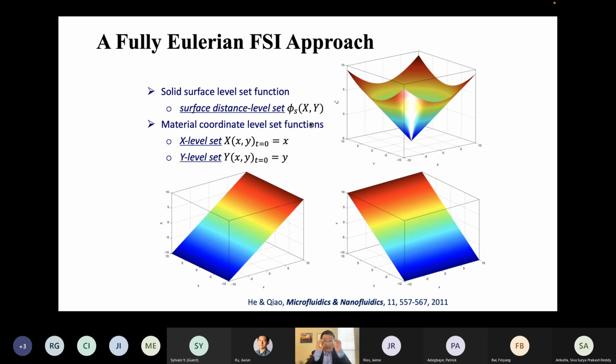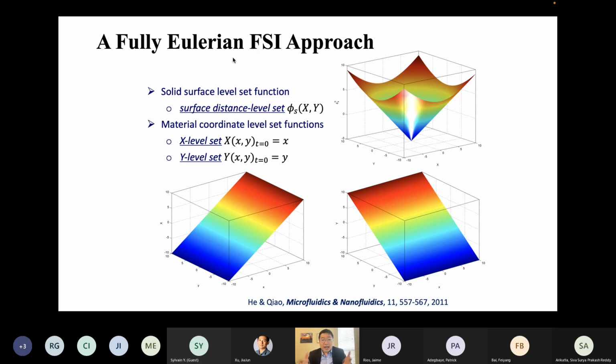In fluid mechanics, if we use fixed spatial points to describe material, we call that Eulerian. If we describe material using material points, well, the material points will move, so that is called Lagrangian.